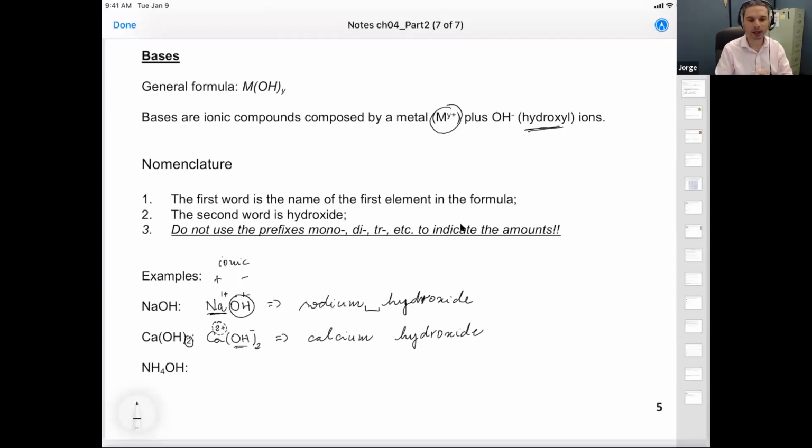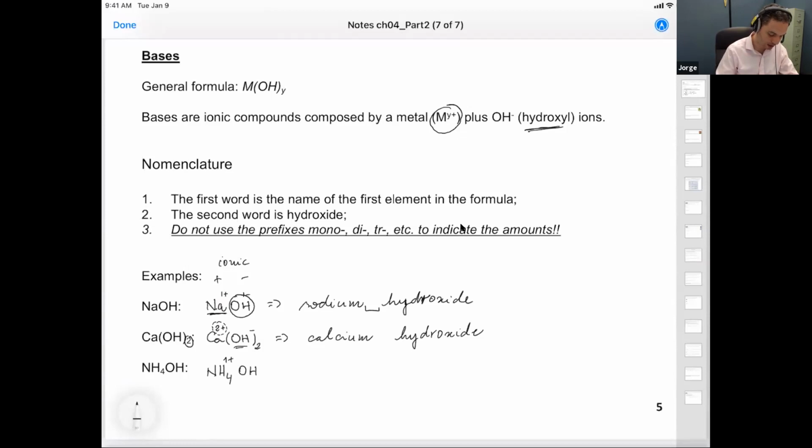All right, now let's move on to the third and final example. I would like to show you a new compound, a new ion. In the third case, we have NH4OH. That's a slightly different base.